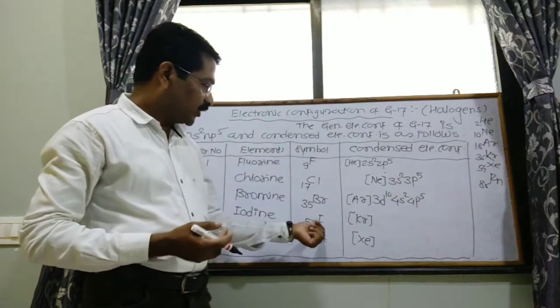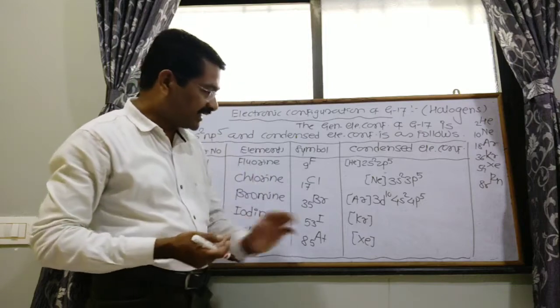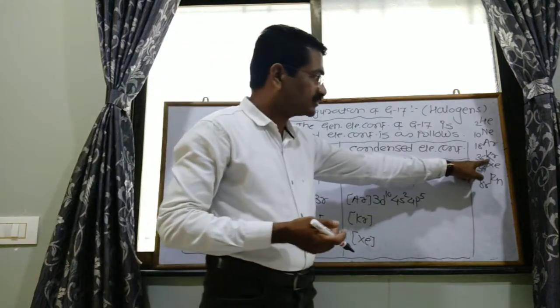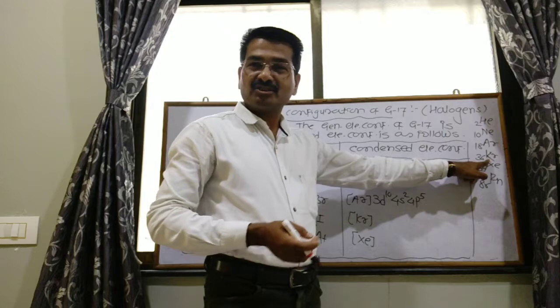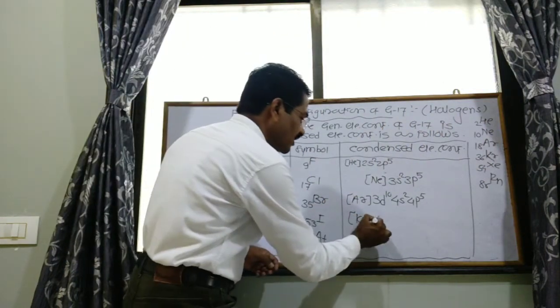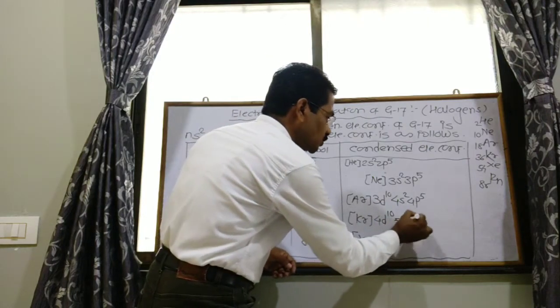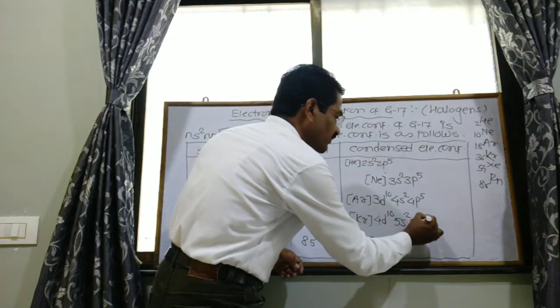After that, iodine. Iodine possesses 53 electrons. Out of that, krypton is the nearest zero group element, having 36. After that, 4d10, then 5s2, 5p5.